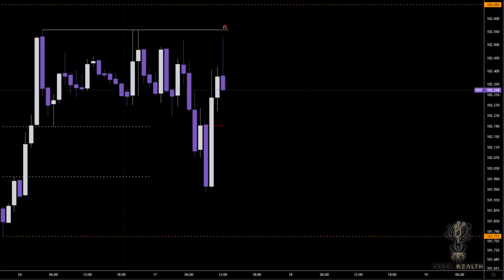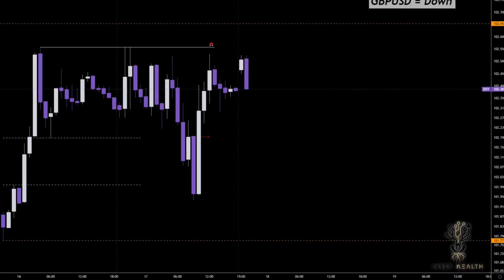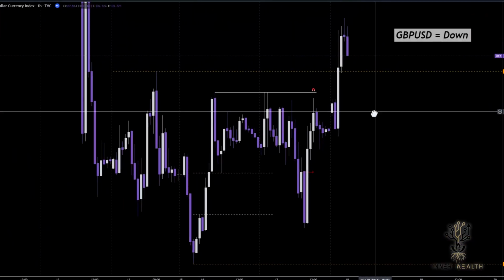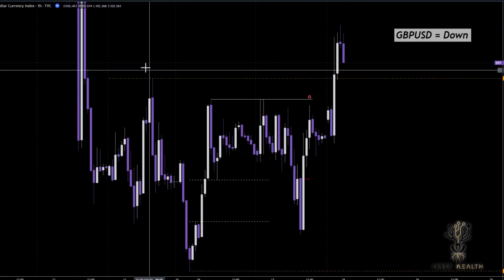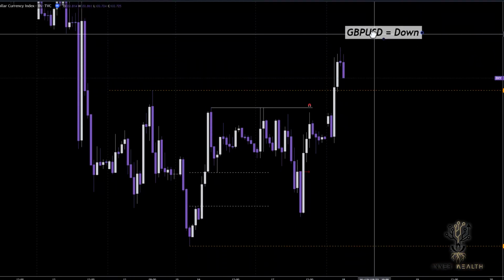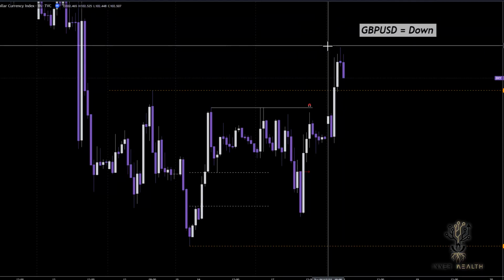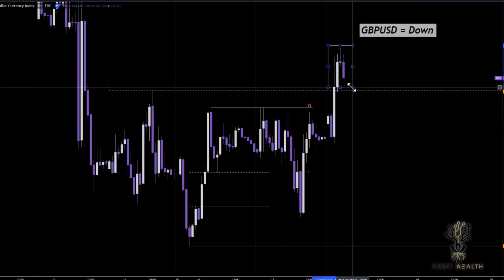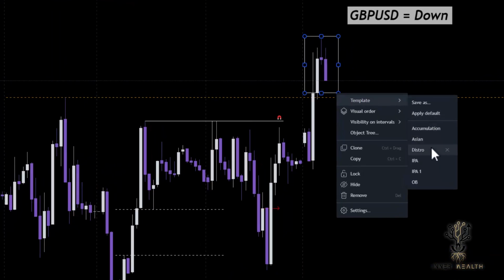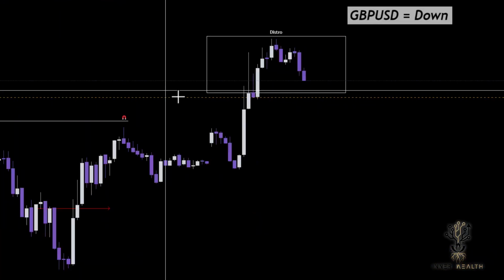So as the US dollar is going up, we get that, boom, into that daily imbalance. Cool. Now, what do you guys think I want to happen from here? Want some nice distribution from there to the downside.